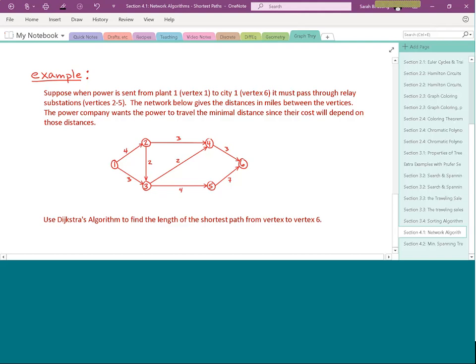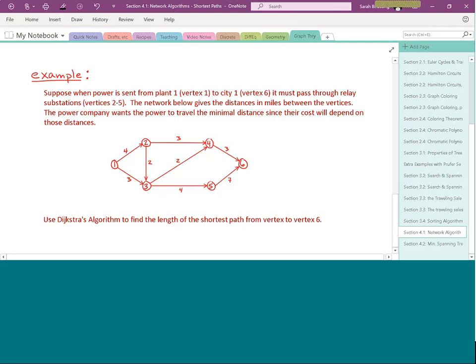So this network gives how the different things are oriented, the power plant, the city, and the relays. It also gives the distances in terms of miles between the different items. So between power plant 1 and relay 2 and 3, you've got 4 miles and 3 miles respectively. Between relay 2 and 3, you've got 2 miles.